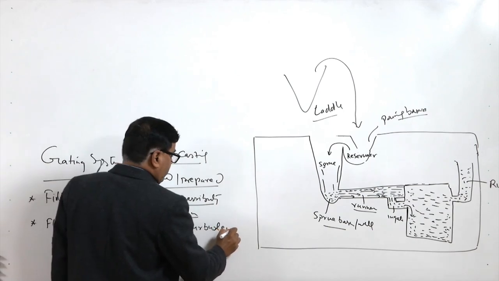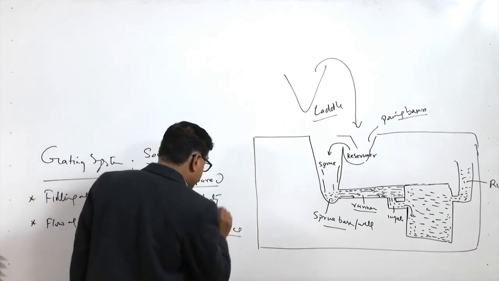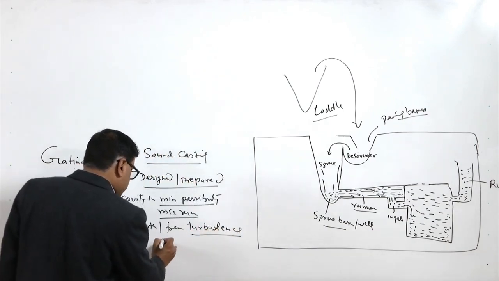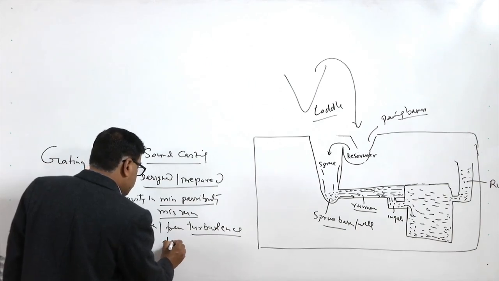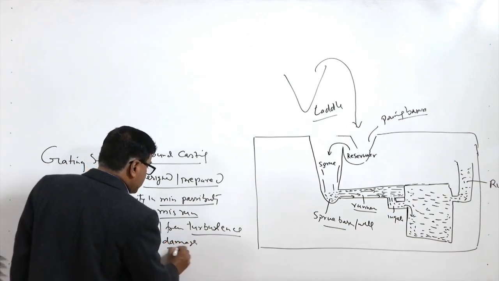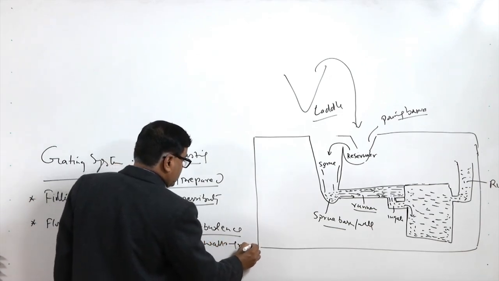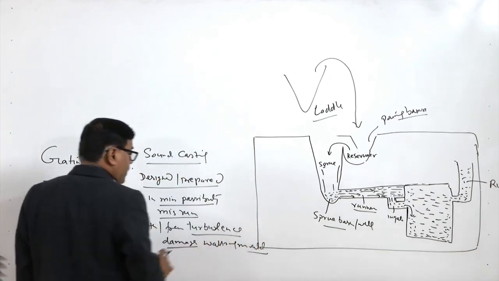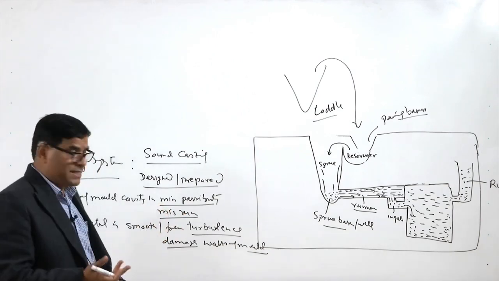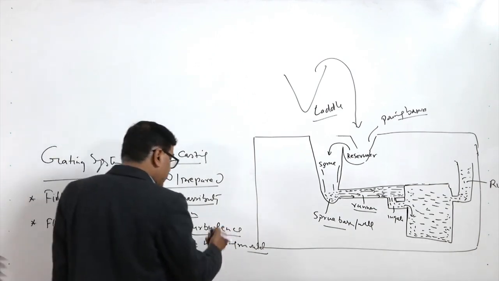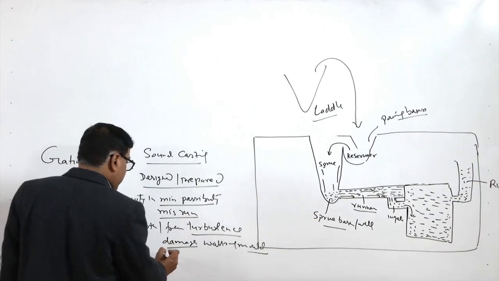This plays a big role in developing sound castings, because otherwise, if there is turbulence, it will damage the walls of the sand molds. So, this will change the geometry and the size of the mold, and accordingly casting of a different size will be realized.